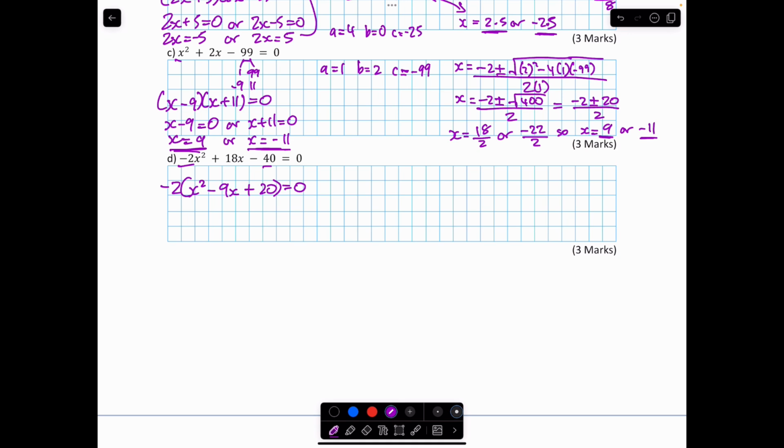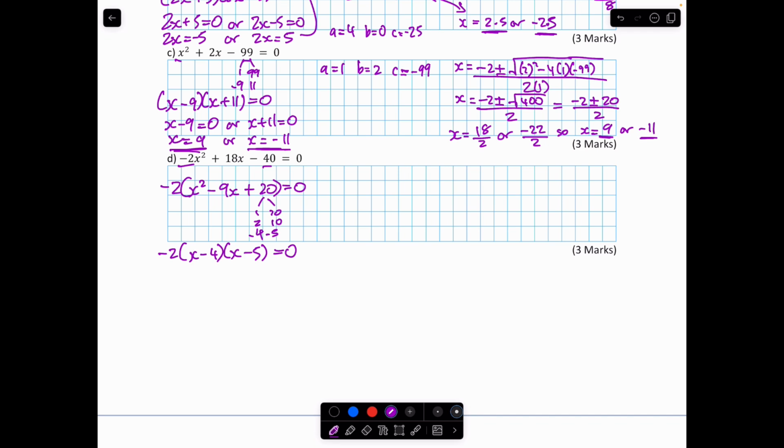Factorize what's in the brackets: no common factors, not difference between 2 squares, not perfect squares, so sum and product. 1 and 20, 2 and 10, 4 and 5 is what's going to get me negative 9. It's going to be negative 4, take 5. So this fully factorized is going to be x take 4, x take 5 equals nothing.